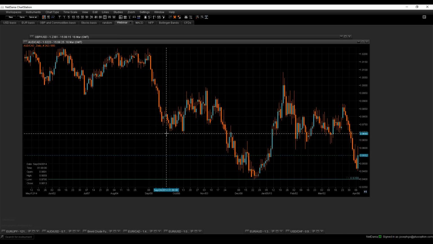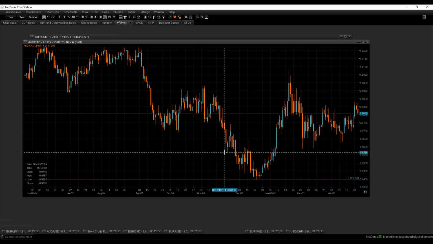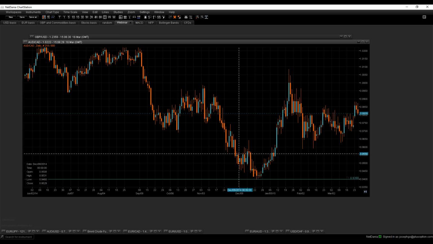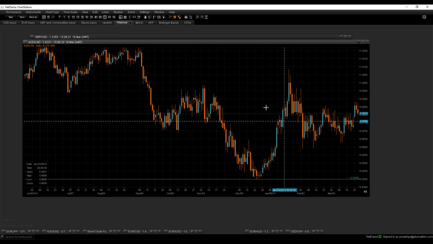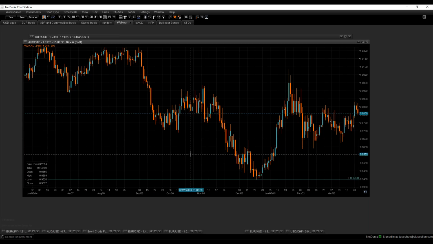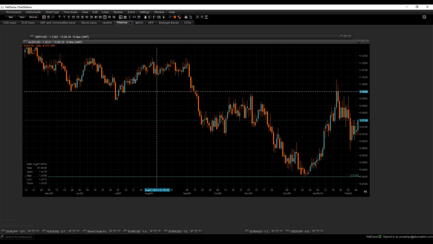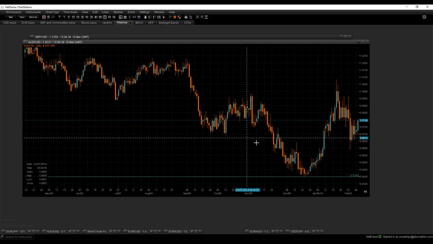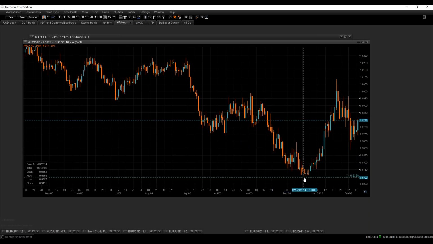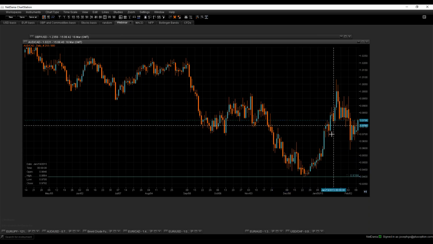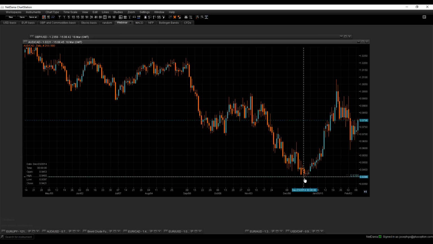First of all, we have to go back in time and pretend as if we were sitting here, just to see how price reacts and how these indicators are working. After this long, strong downtrend, it came to a brief halt at this point and started to reverse upwards. So this became a point of interest to me, and that's where I drew my support line.